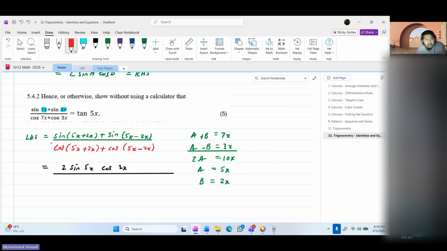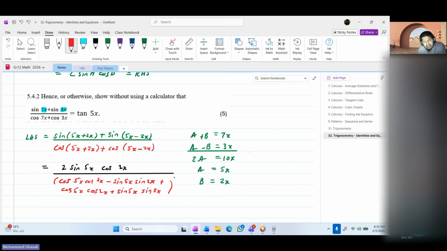You're going to have cos 5x cos 2x minus sine 5x sine 2x, plus cos 5x cos 2x plus sine 5x sine 2x.